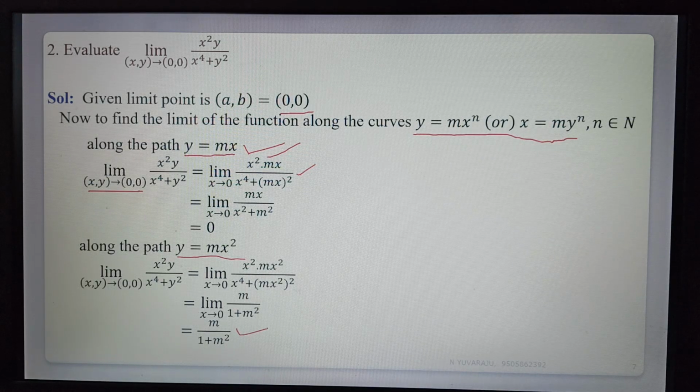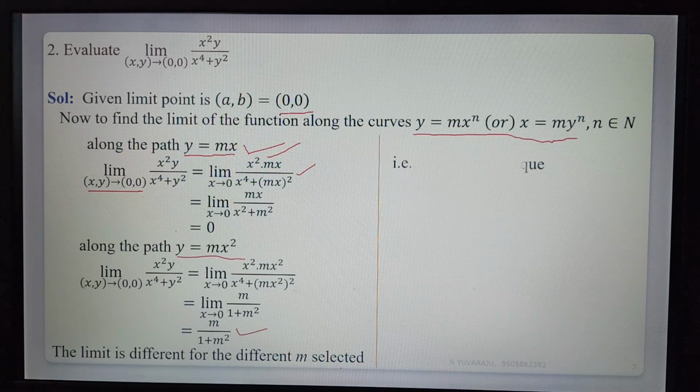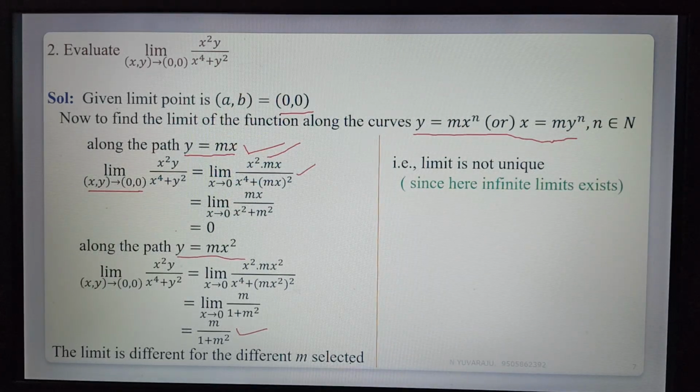As m is changed, the limit also changes, which means the limit is not unique. Infinitely many limits exist, so the limit is different for different m selected. So the limit is not unique, therefore the limit does not exist.